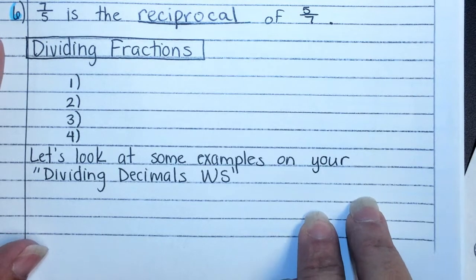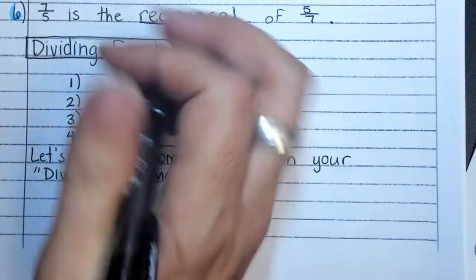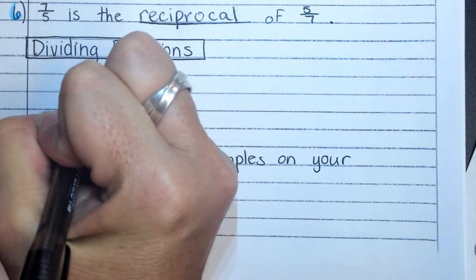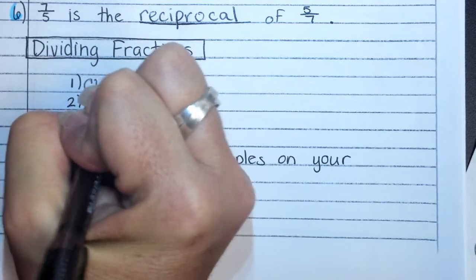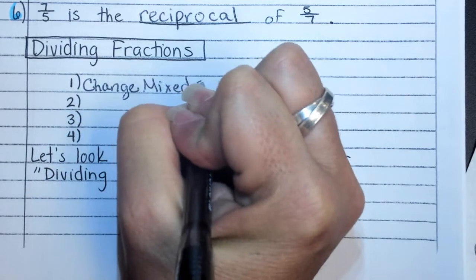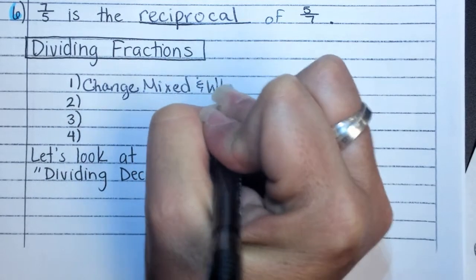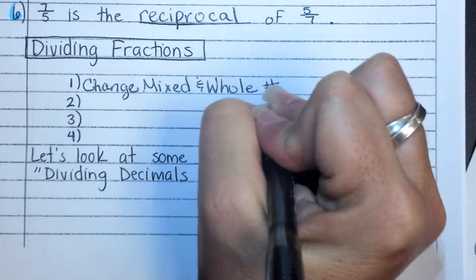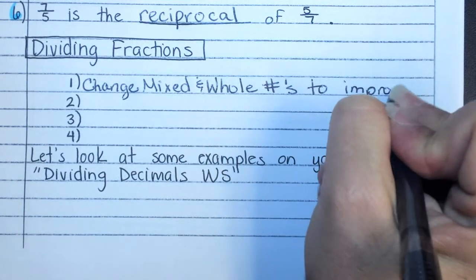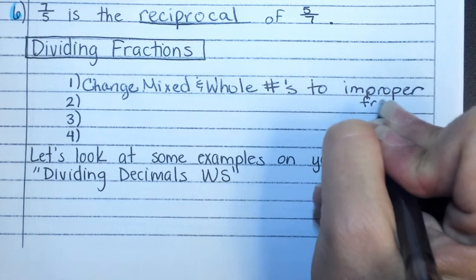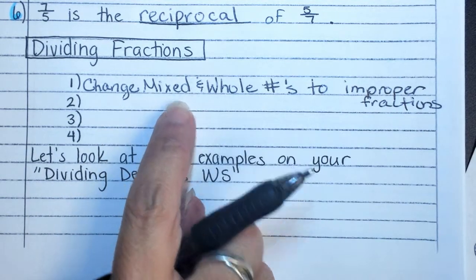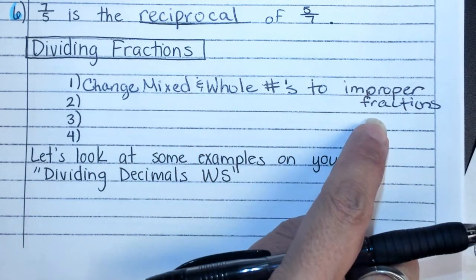Okay, so the first step is, I call it get rid of all whole numbers, or change mixed and whole numbers to improper fractions.